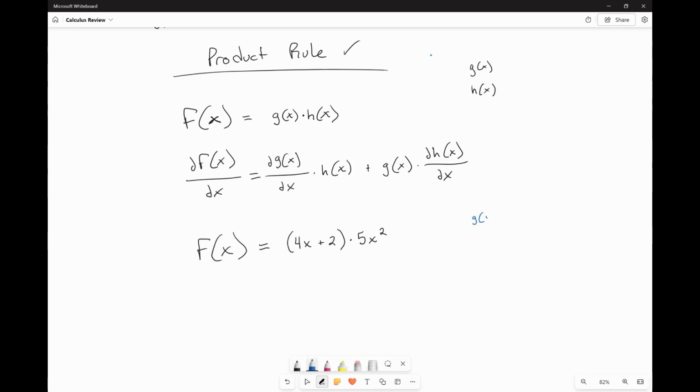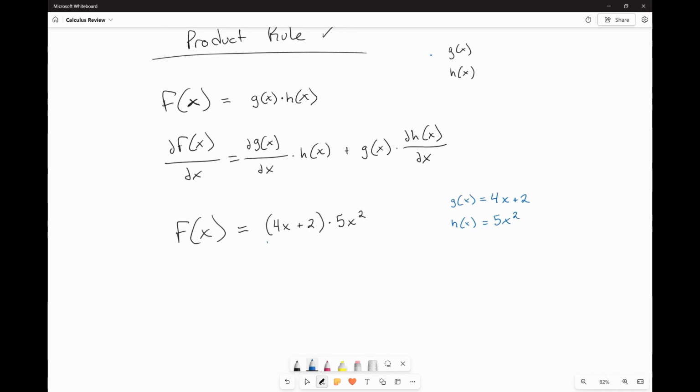Well, g of x is equal to 4x plus 2, and h of x is equal to 5x squared. We can just see that we have two terms here. We can see them as separate functions, but they're multiplied by each other. So in this case, we can use our product rule. So let's go ahead and do that. All we have to do is just remember what g of x is and what h of x is, and then we'll just follow the formula.